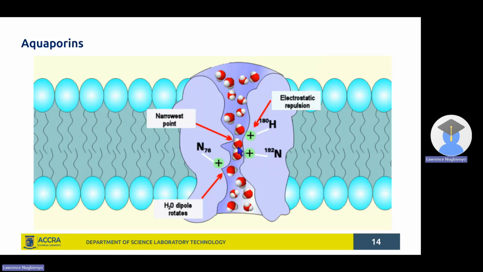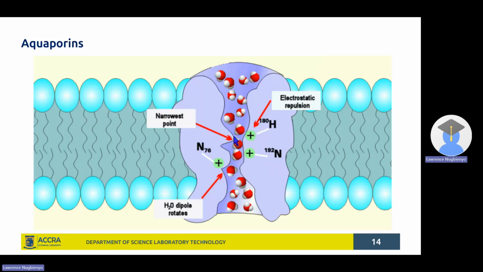And you realize that at these specific amino acids, at the 180th position, 192nd position, 76th position, these have some positive charges that have some form of interaction with a water molecule, giving it a specific orientation for it to be able to pass through the channel.